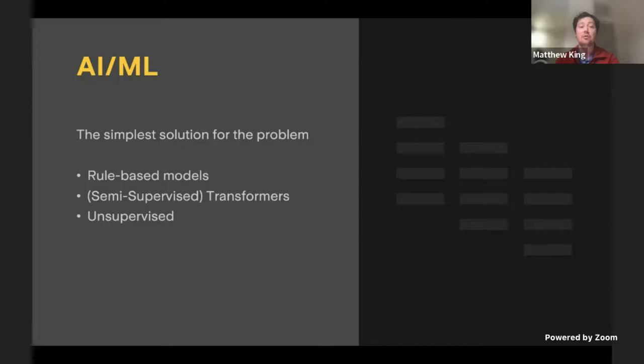We try to look for the simplest solution to the problem. And by simplest, I don't mean easiest, I mean the one that most effectively solves that problem with the fewest resources. So not everything needs a deep learning model, for example. And there are three particular types of machine learning and AI that I'm going to briefly talk about here: rule-based, semi-supervised transformers, and unsupervised.